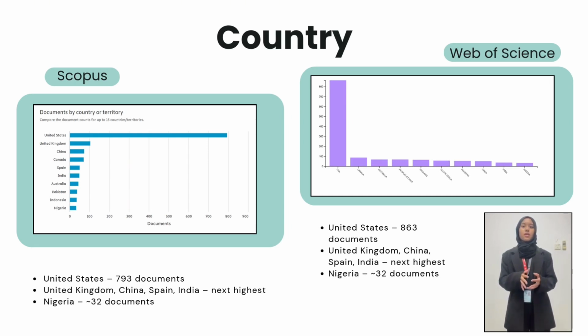This is followed by countries such as the United Kingdom, China, India, and Spain. Countries like Nigeria record the lowest numbers, with around 32 documents.